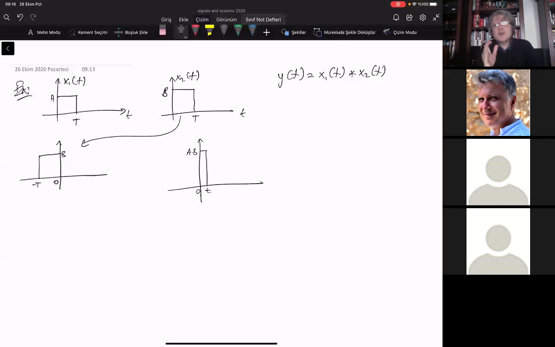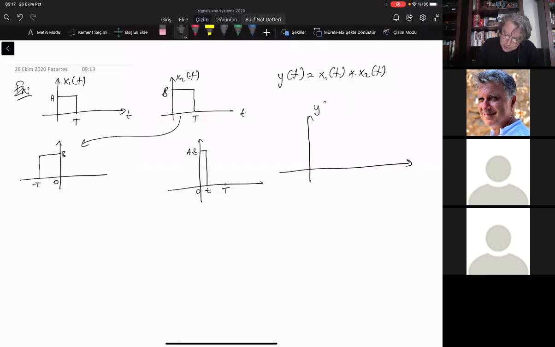And as t goes further to the right-hand side, the rectangle will be larger and larger, as long as, of course, you don't go beyond capital T. So as long as you go up to capital T, it will be the largest overlapping rectangle, which is a times b times capital T. It reaches that, and it starts from 0. When t was 0, there was no intersection, so it was starting from 0.